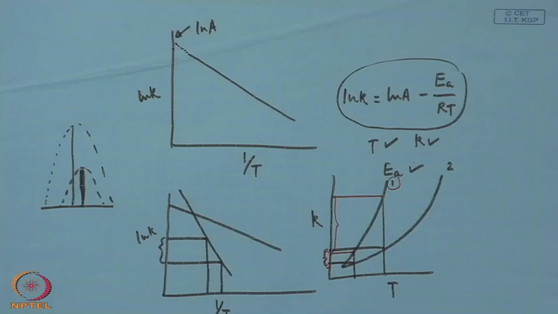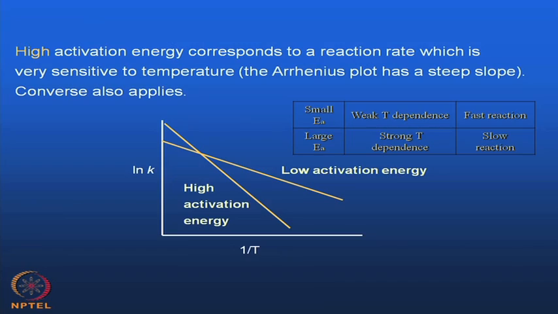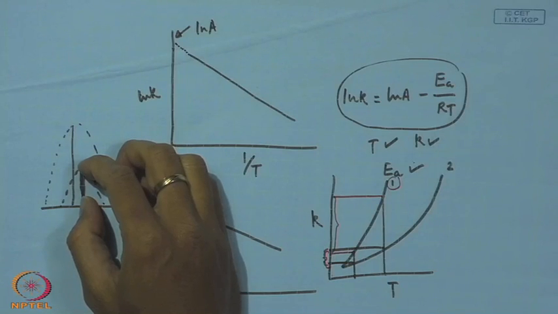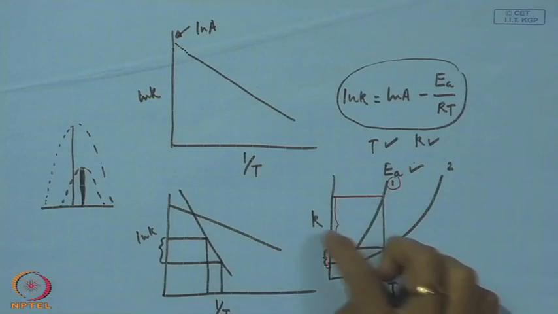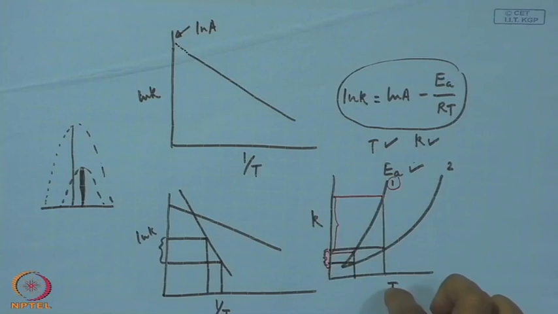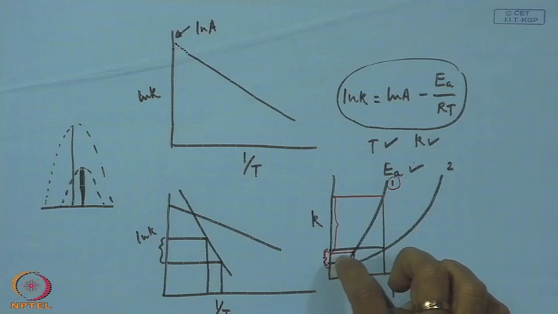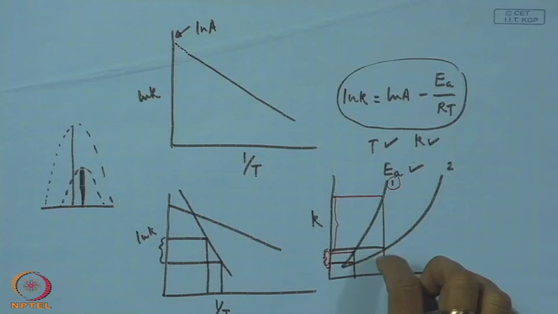Okay. So that means small activation energy, weak or less temperature dependence, and the reaction is fast. So fastness is related to the barrier height, and the steepness of your ln k versus 1 upon T plot is dependent on the amount of activation energy involved in the process.